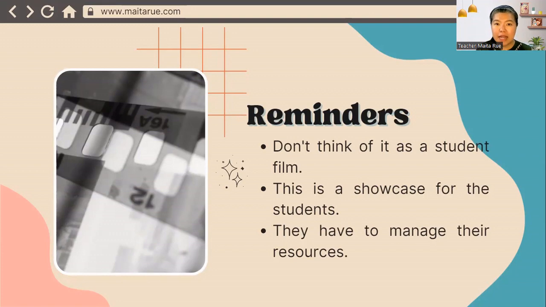Now, they have to manage their resources well, because another thing that you learn, especially in senior high, is time management. Now, that is something quite hard to really teach because we can only tell them to manage your time well. Sit down, give some time to your homework, to this one, to that one, and this one. At the end of the day, they have to learn to manage themselves.